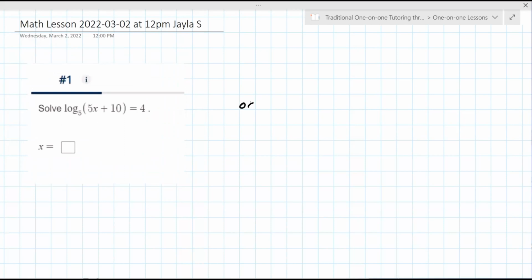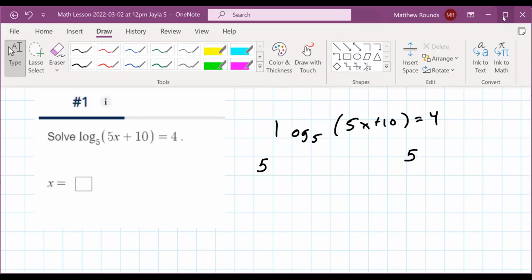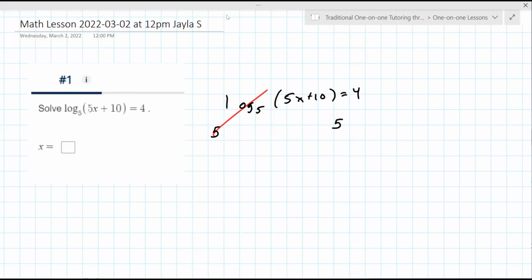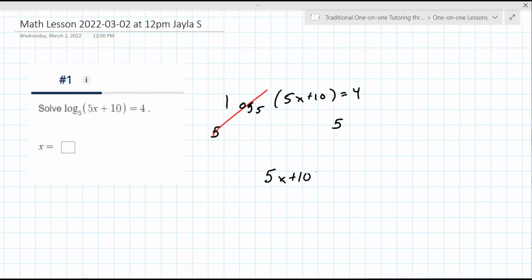The first step for undoing log base 5 is to raise both sides using a base of 5. On the left, this just cancels out the log base 5. Those cancel, and then you're left with 5x plus 10 equals 5 to the power of 4. 5 to the power of 4 is 1225.